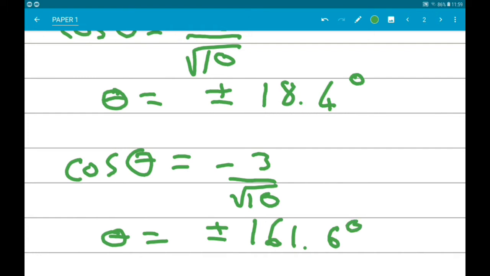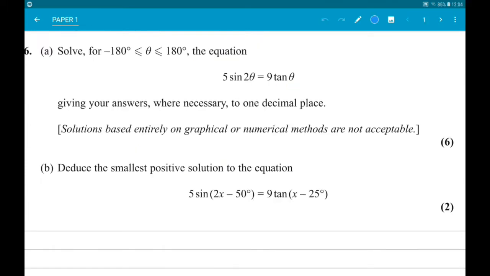And there we go. That's all 7 solutions. At B, deduce the smallest positive solution to 5 sine 2x minus 50 is equal to 9 tan x minus 25.